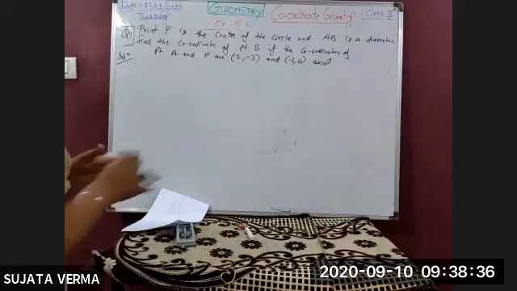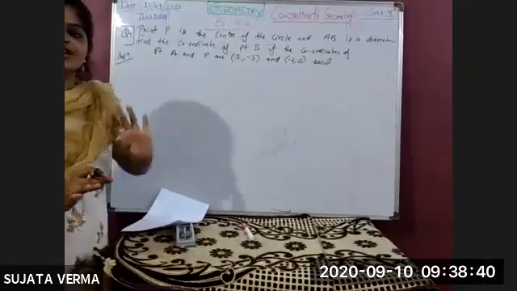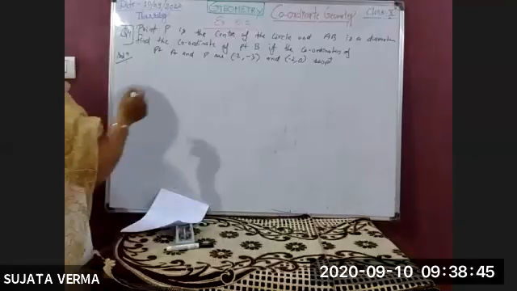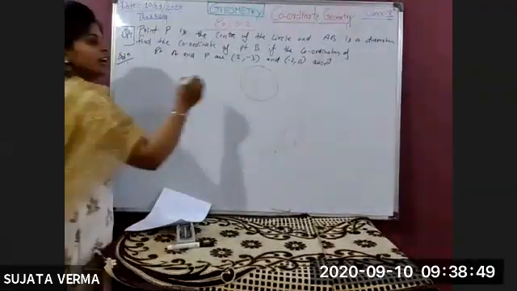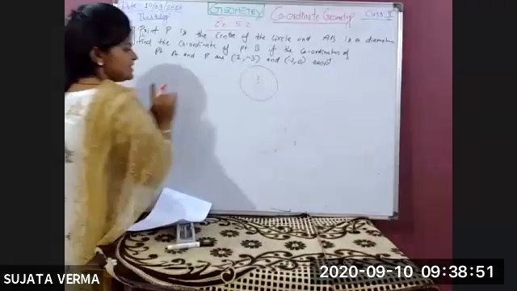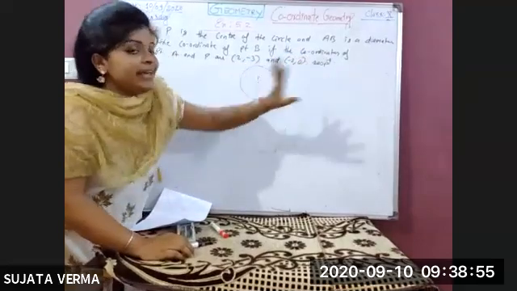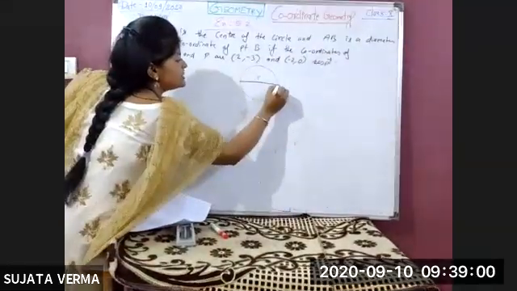Now first we read the question carefully. Point P is the center of the circle. So first we draw the circle. Point P is the center. Then what is given? AB is the diameter. Then we draw diameter AB.